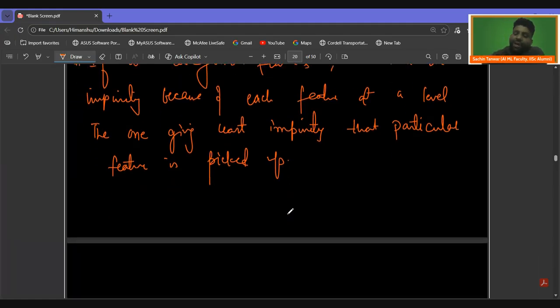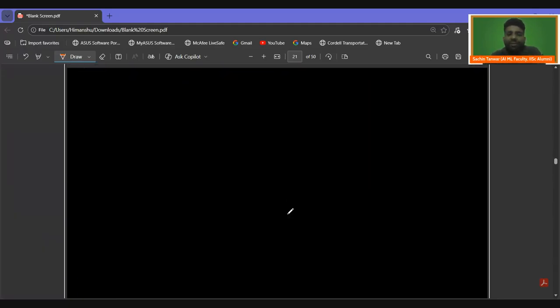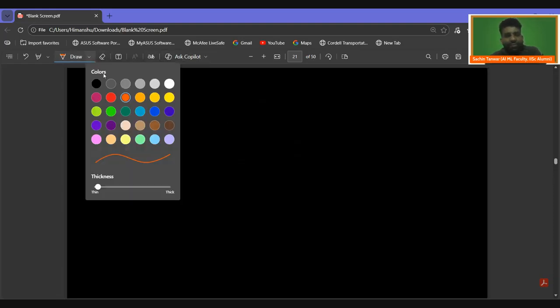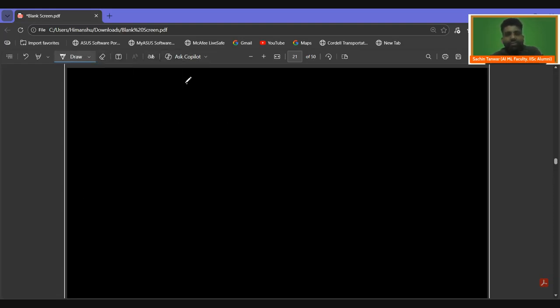How do we calculate? We have different ways of calculating this kind of impurity. So I'll just define some of the terminologies which are important over here. First is entropy, Gini impurity, information gain.